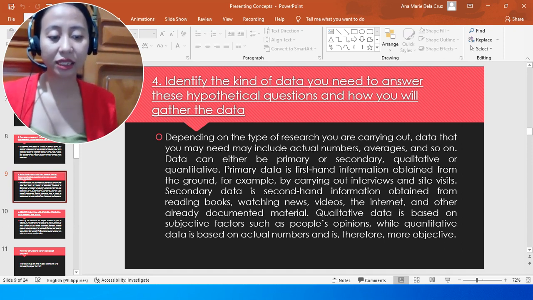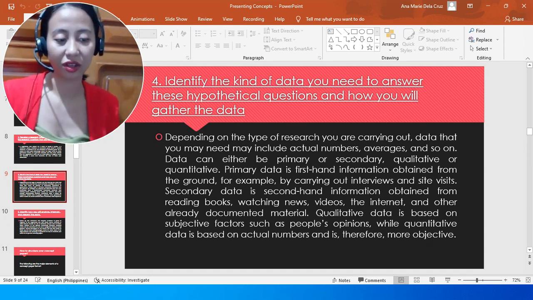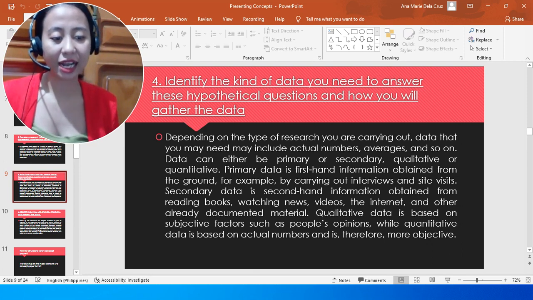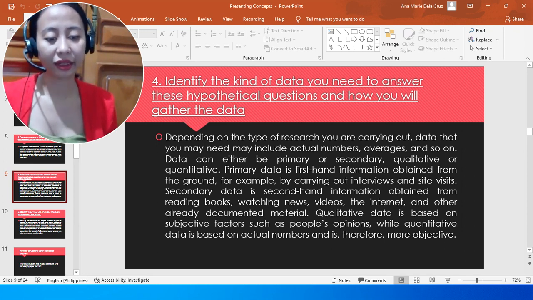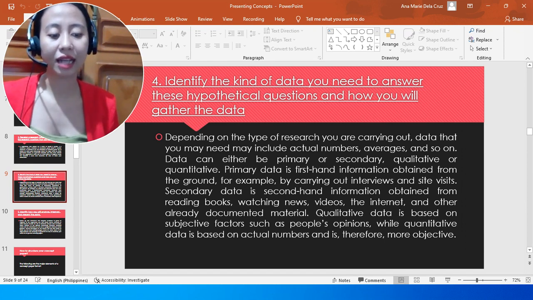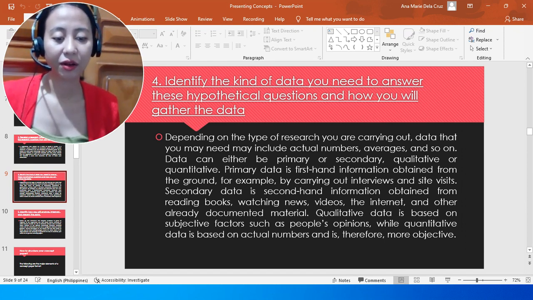Primary data is first-hand information, okay? That is the main ideas or the information obtained from the ground, for example, by carrying out interviews and site visits. Secondary data is second-hand information obtained from reading books, watching news, videos, the internet, and other already documented material.